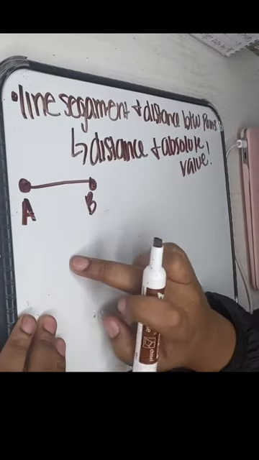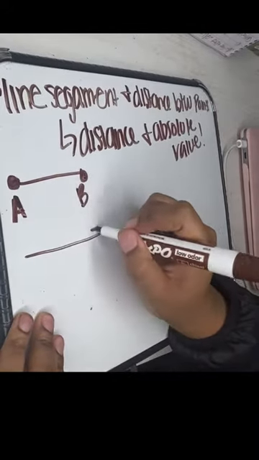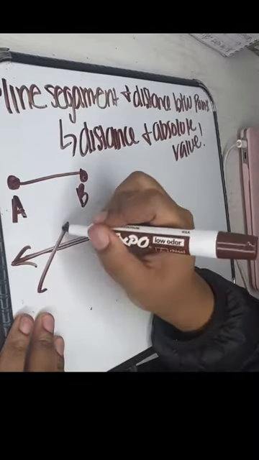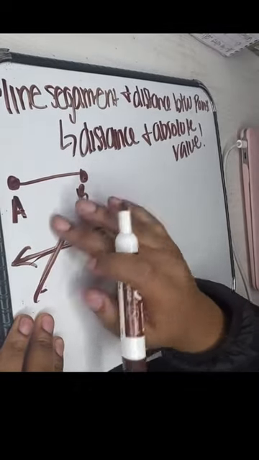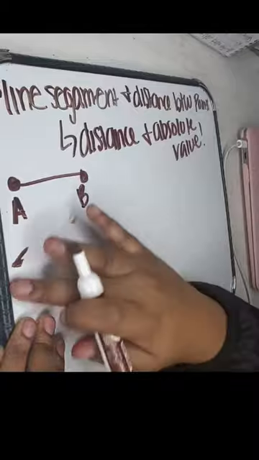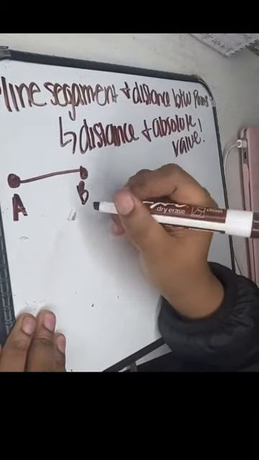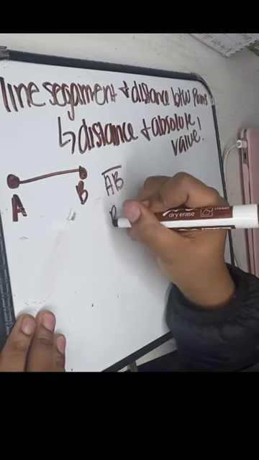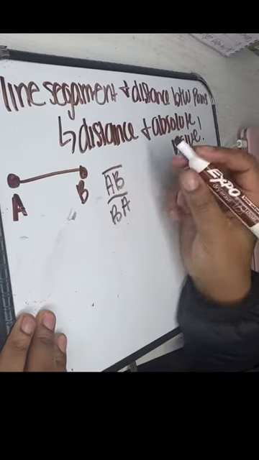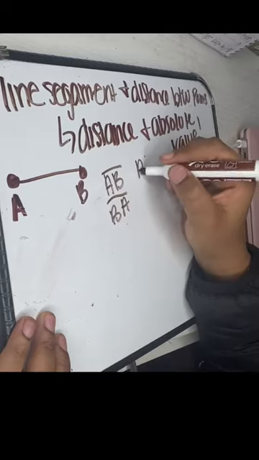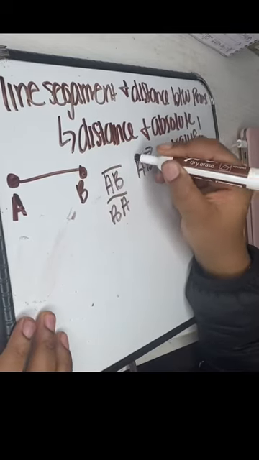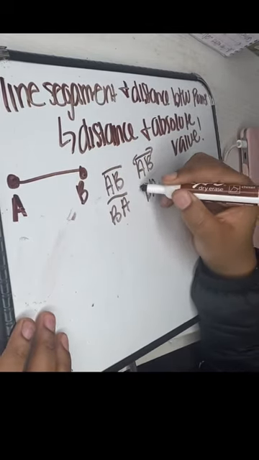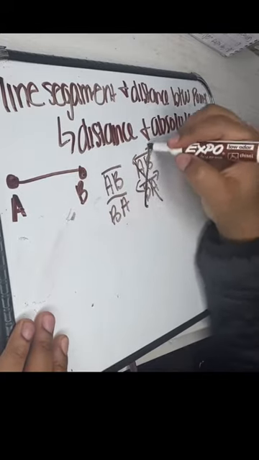It is not continuing forever. It is not a line. This is not a line segment, but that is a line segment. So this will be called line segment AB or line segment BA. It will not be called line AB, line BA. That is when you have a regular line.